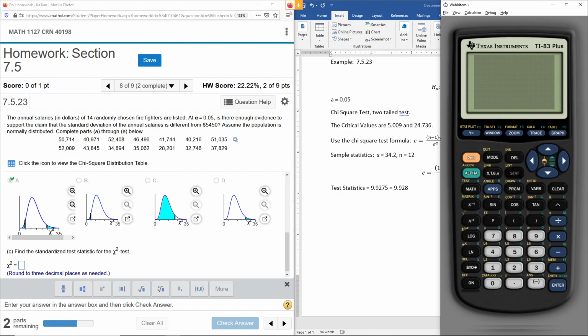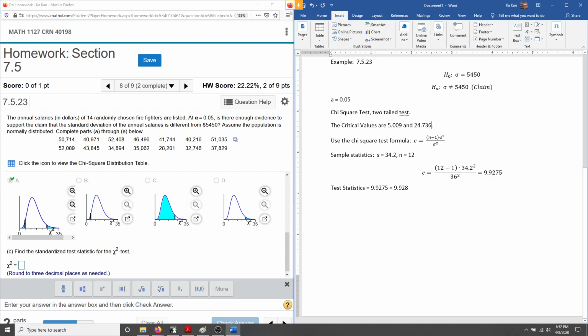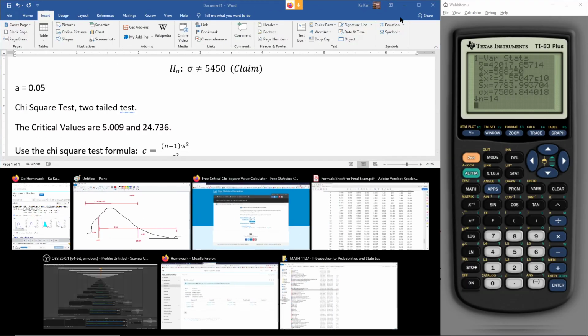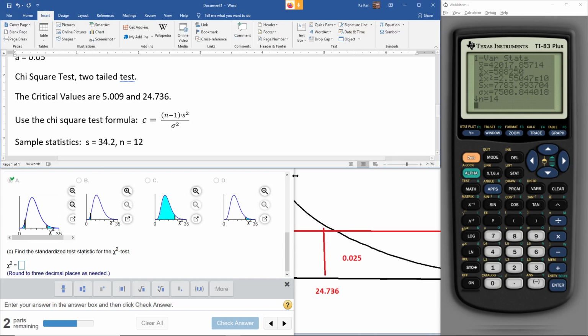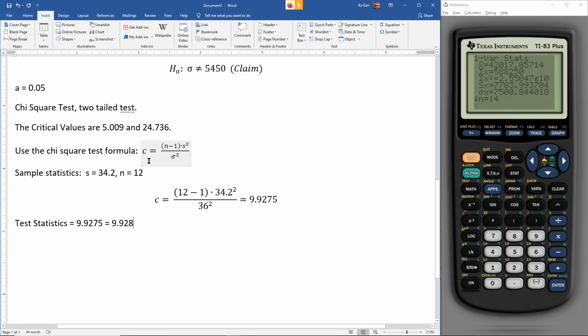So now let me try this again. So based on what it says, let me just delete everything in there first.